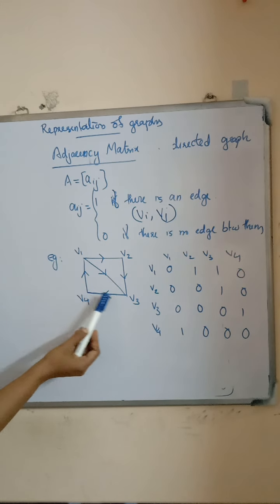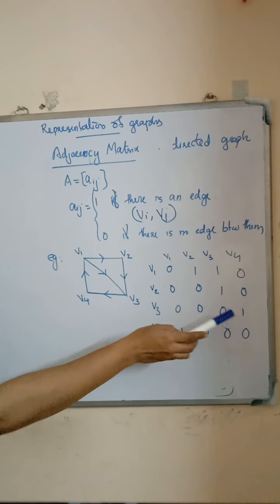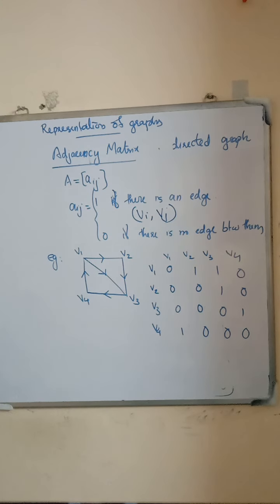And V4, V3 is 0, but V3, V4 is 1. Here from V3 to V1 there is an edge, so it is 1. Like this we can represent the adjacency matrix.